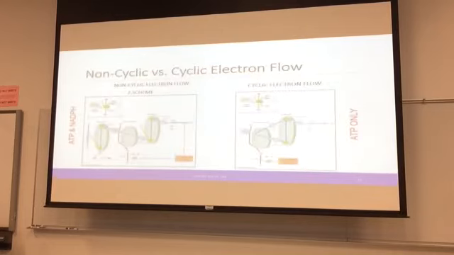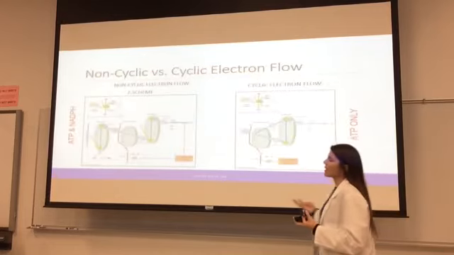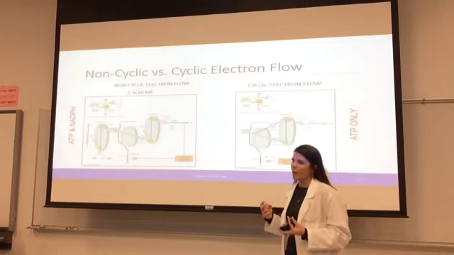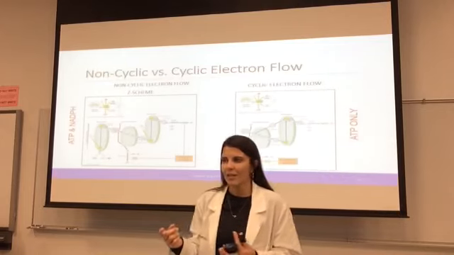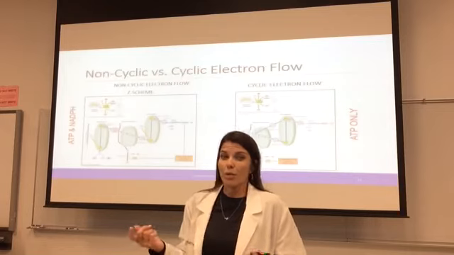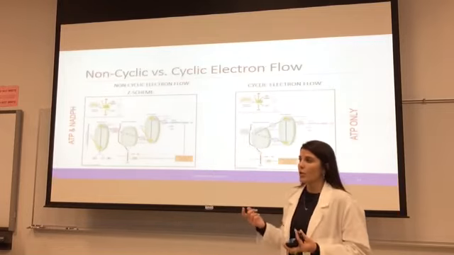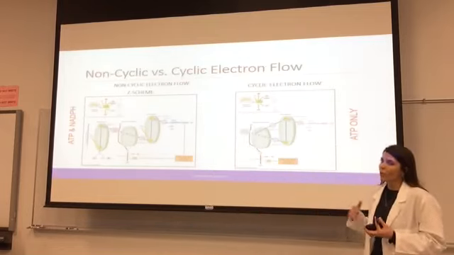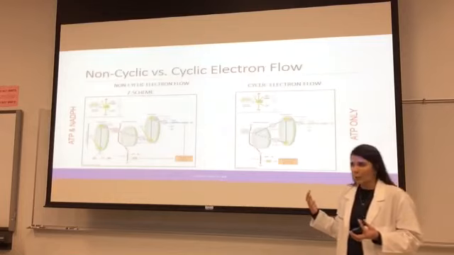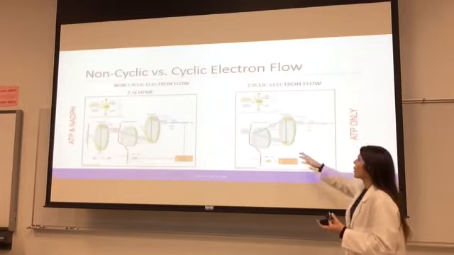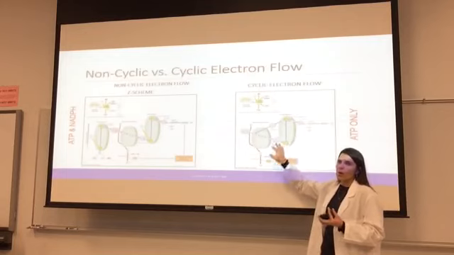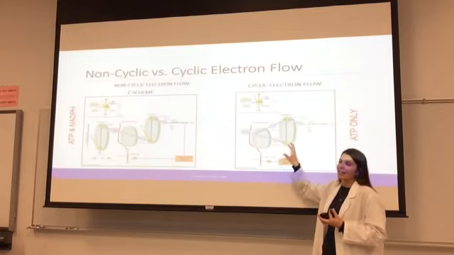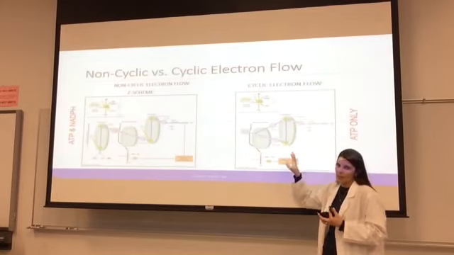Now, remember how I said there's 2 photosystems, but which one was discovered first? Photosystem 1 was discovered first. So it was for a long time that we didn't know about Photosystem 2. So what we used to study is what we call a cyclic electron flow.